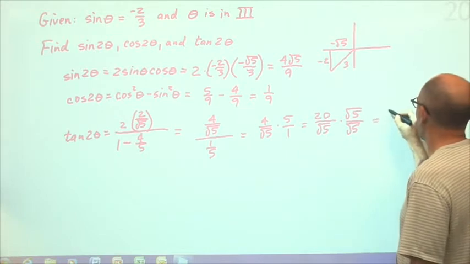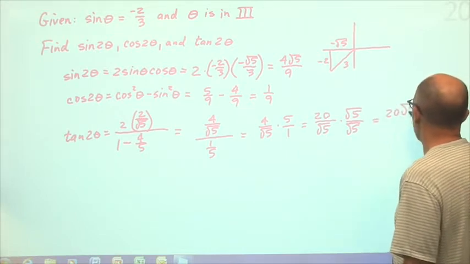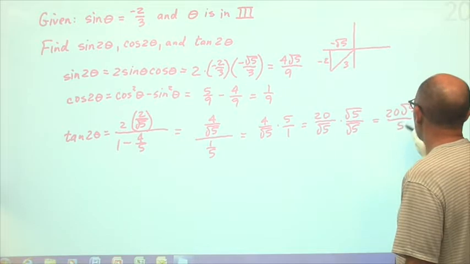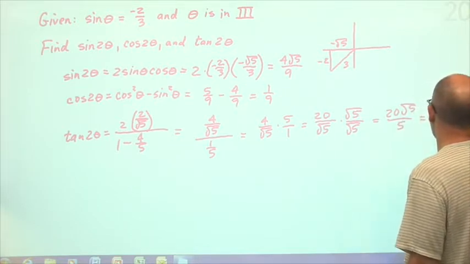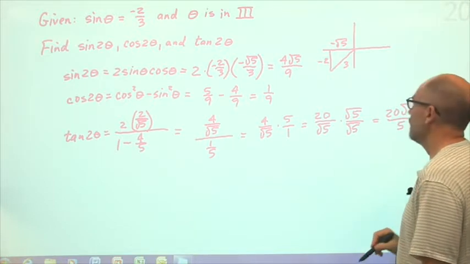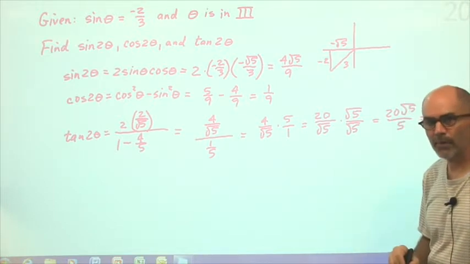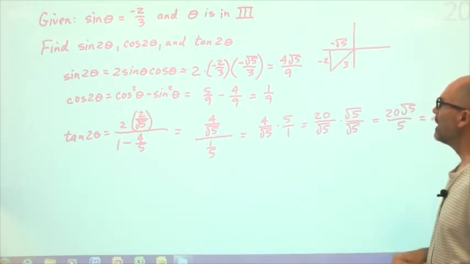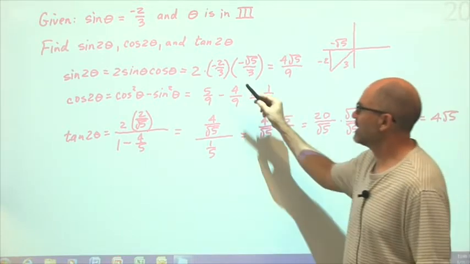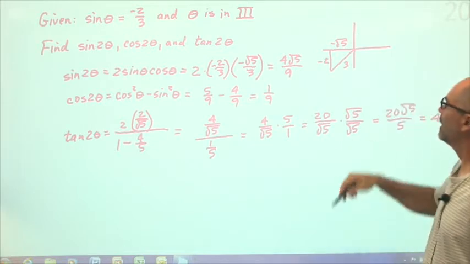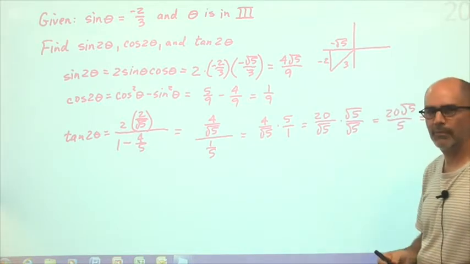So this becomes 20 square root of 5 over 5, and 20 over 5 is 4. That's it, game over. So basically, you just have to know your identities, and then it becomes fairly simple.